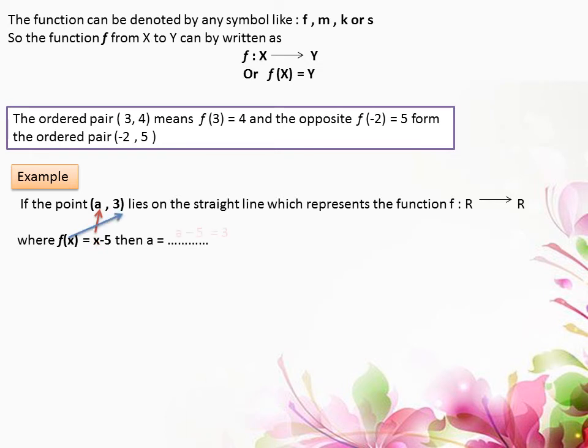So we replaced x by a minus 5 and f of x by 3. Now we have an equation, so a will be 8. Then the point is (8, 3).